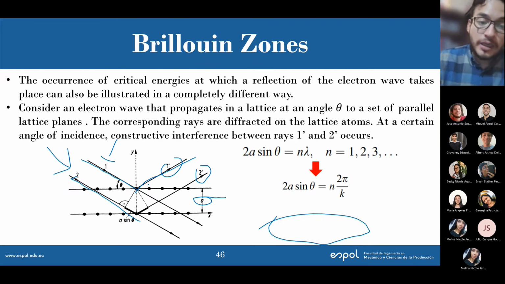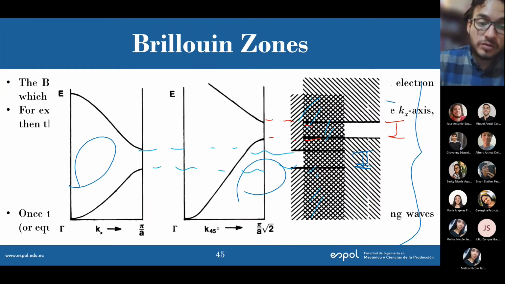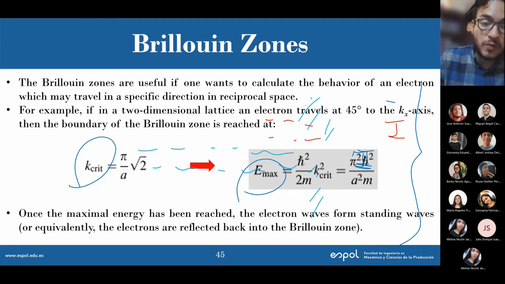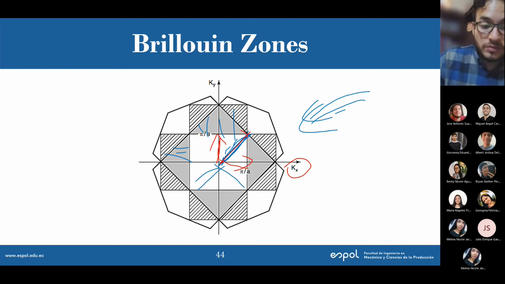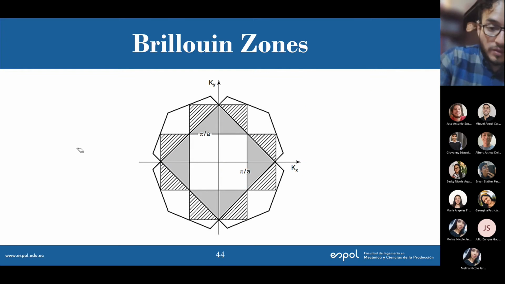I get the case of the one I said. I get basically pi over a. So if the electron is moving either there or there.